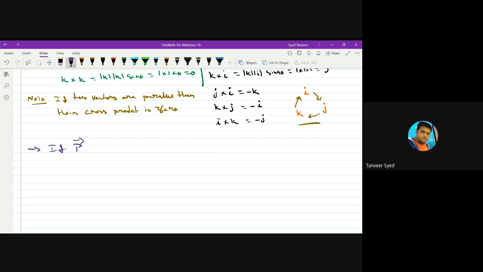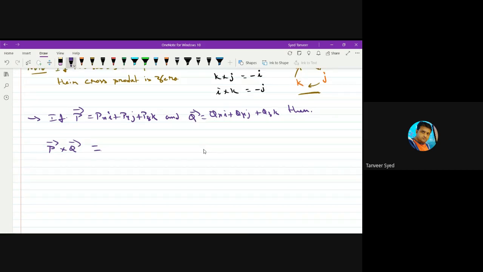If vector p is given as pxi plus pyj plus pzk, and vector q is given as qxi plus qyj plus qzk, then p cross q is determined by finding the determinant of these two vectors.